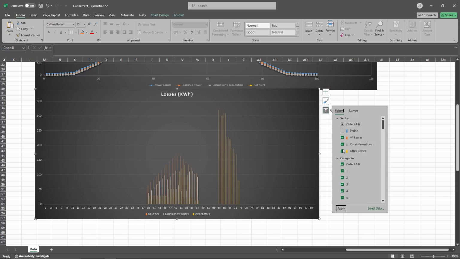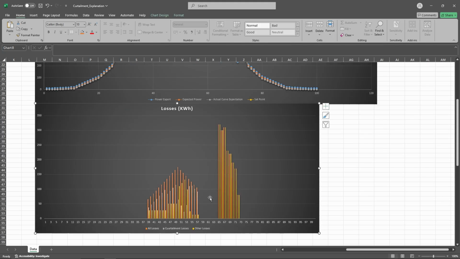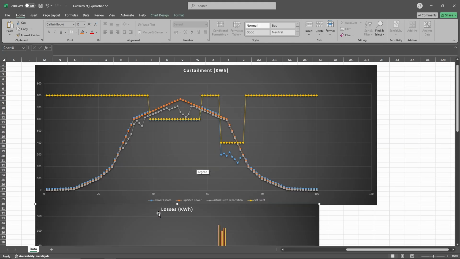We were correct. And the other losses were here, this big surface area, these big spikes, but we also had other losses in the curtailment region, but above the surface area of the curtailment, right here.